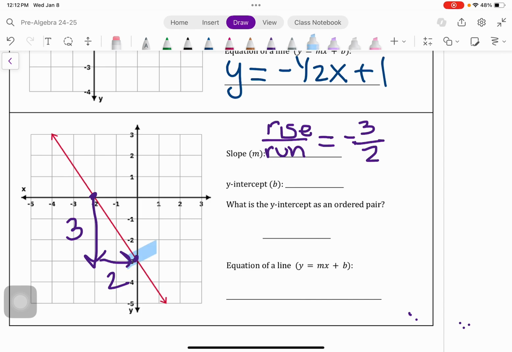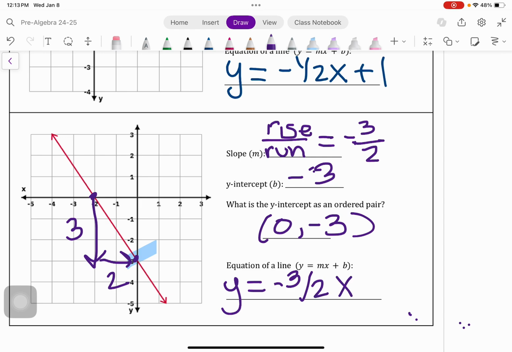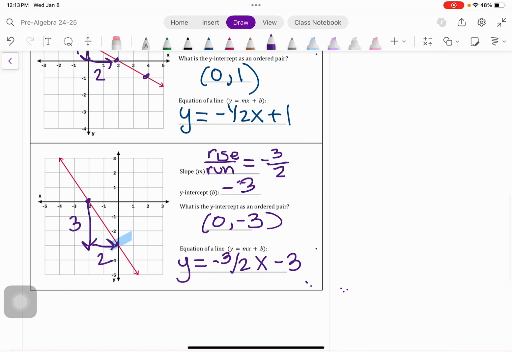My y-intercept is -3, and my ordered pair is (0, -3). Then to write the equation, it's y = -3/2x - 3. That's it. Go ahead and try your practice, and that's it for 3-4 practice A.